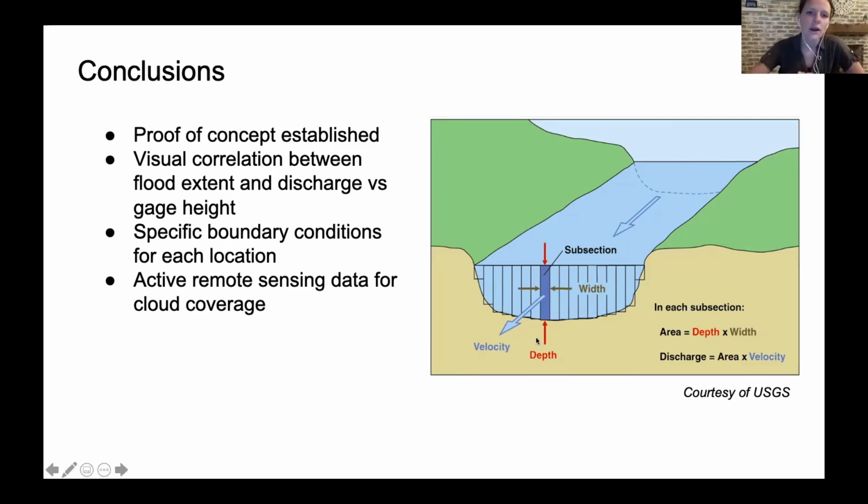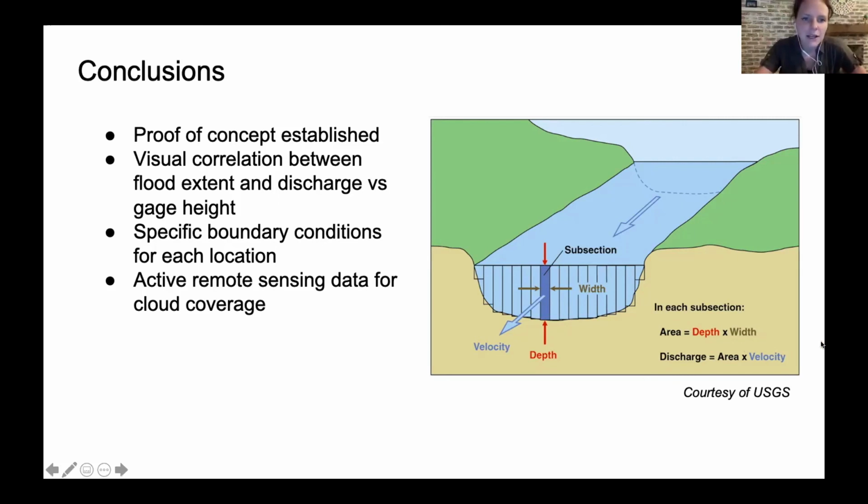Next, we also learned during this analysis that we were hoping to make it easily iterable for each different gauge location in the US. But what we found is that sometimes, as for the Pine Bluff site, we're going to need to create specific boundary conditions for each location, because often there are other bodies of water, and fields that are being flooded with water, that's going to affect the accuracy of our water pixel counts unless we really hone in those boundaries to cover just the river and its surrounding banks.